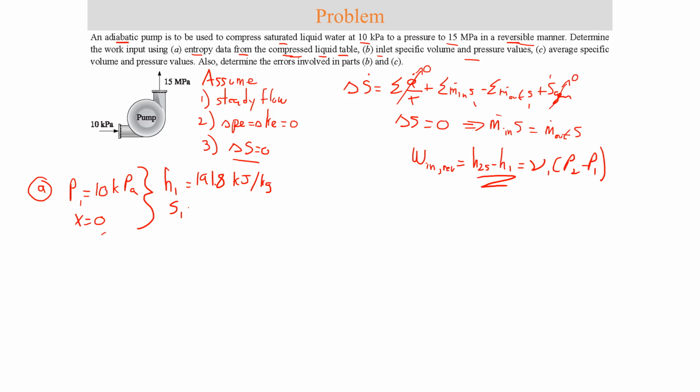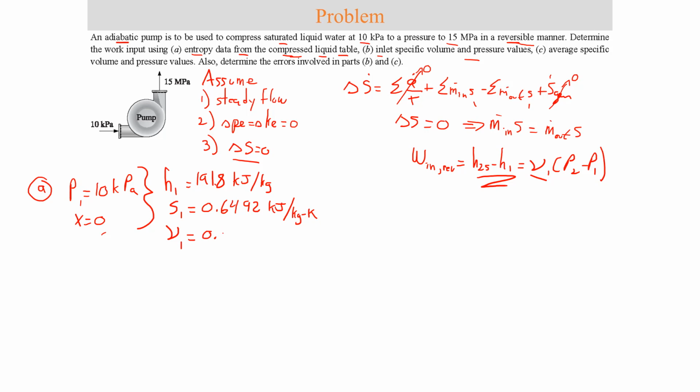From there, we can also get our entropy, 0.6492 kilojoules per kilogram Kelvin, as well as a specific volume going in, since we're also going to figure out the isentropic work of the pump using specific volume times the change in pressure.